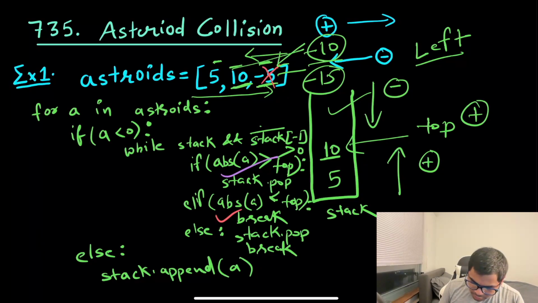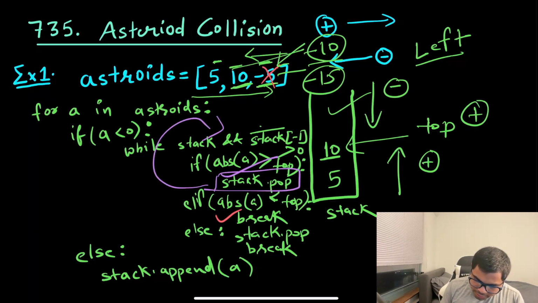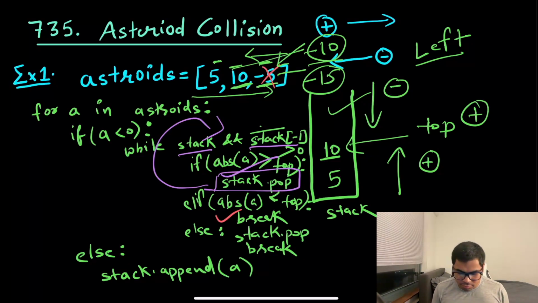This is the condition that will pass in this case, stack.pop, and it will keep looping until either the stack is empty or stack top is not greater than 0, so it is not positive.